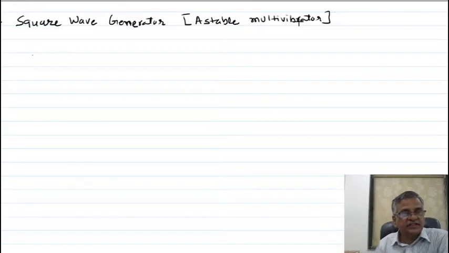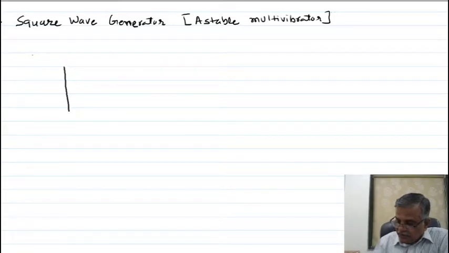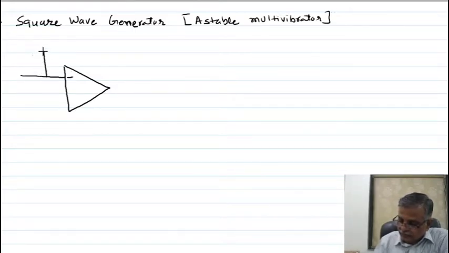I am discussing square wave generator using op-amp. See, the circuit diagram of a square wave generator is shown in the figure. This is the circuit diagram.